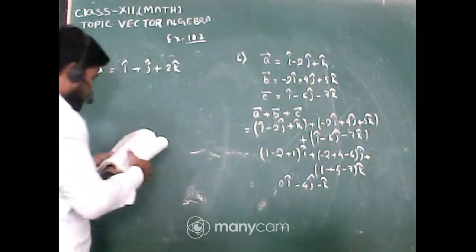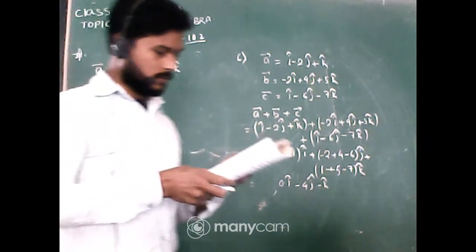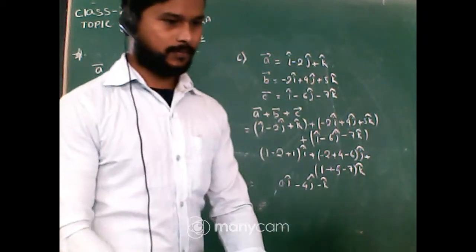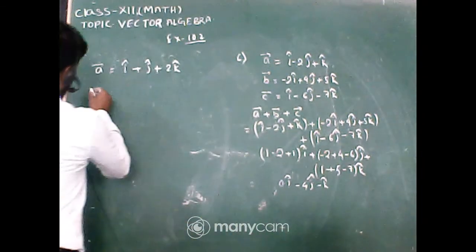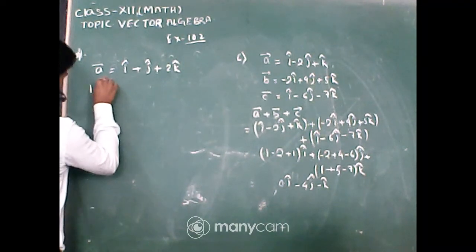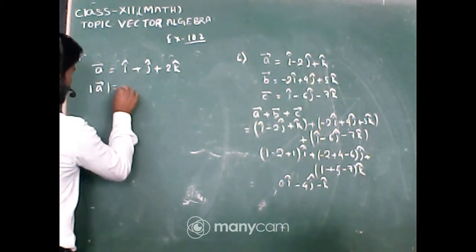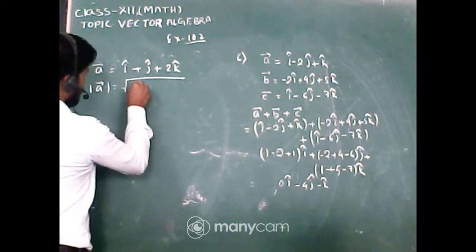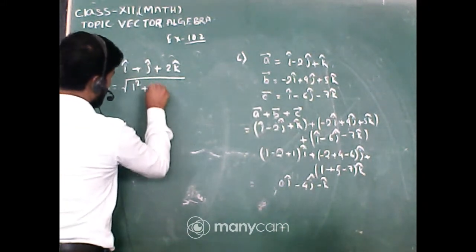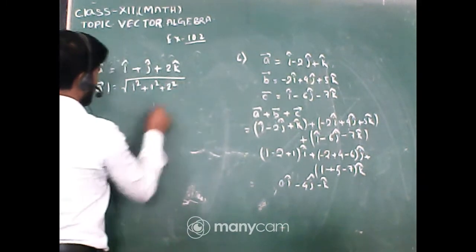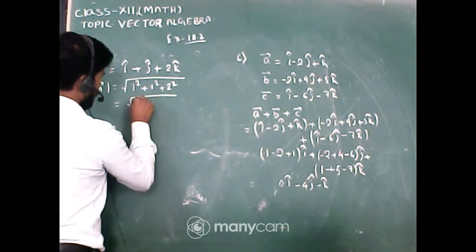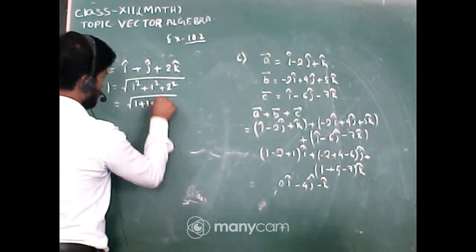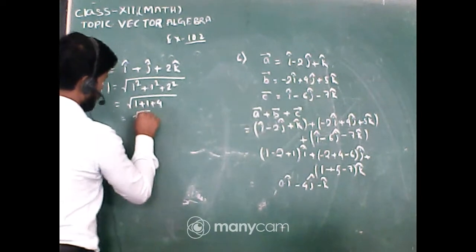We have to find the unit vector of this. So first find the magnitude of A. Magnitude of A is equal to under root of 1 square plus 1 square plus 2 square, which is 1 plus 1 plus 4, that is root 6.